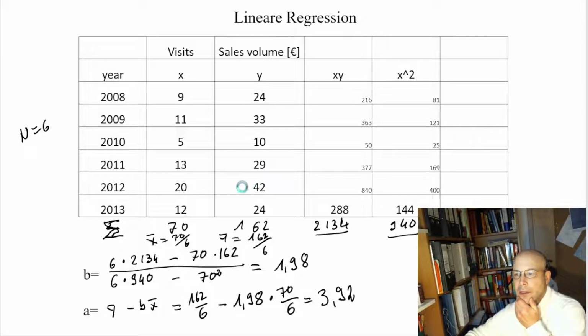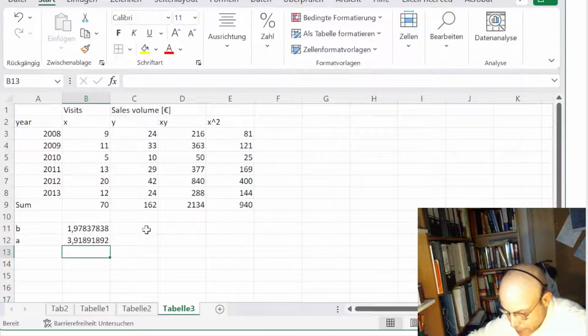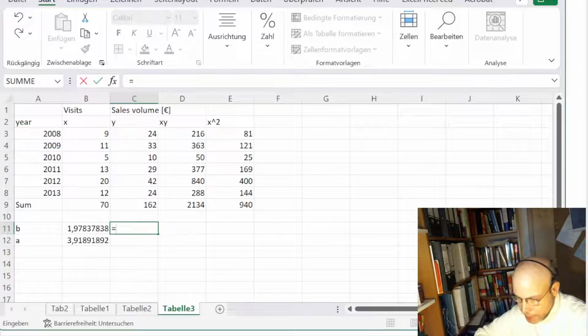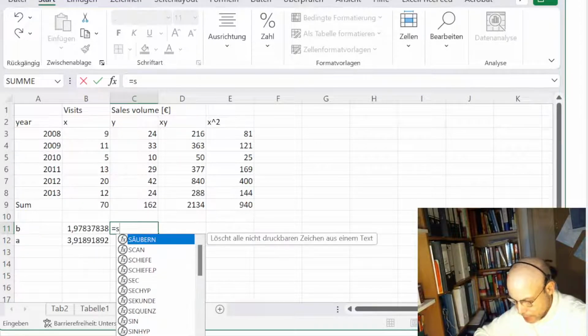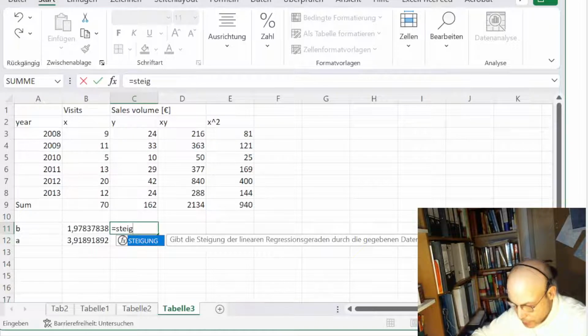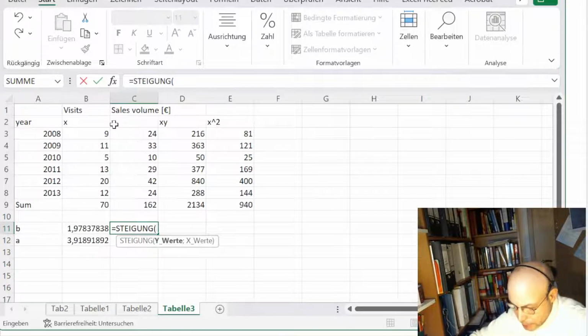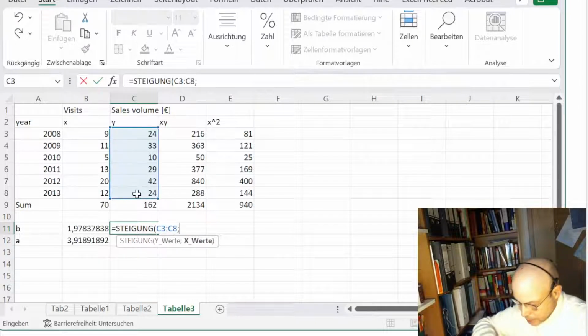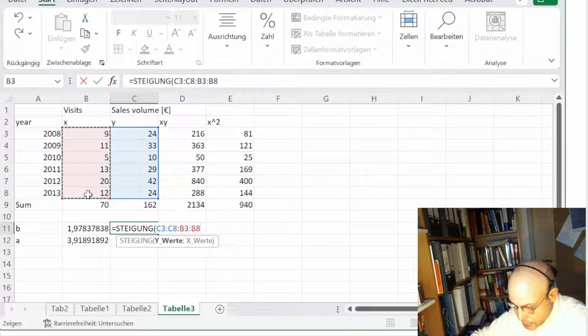Well, of course, in our software package, we have also the possibility to calculate this directly, and this would be then here the function slope of these numbers and these numbers.